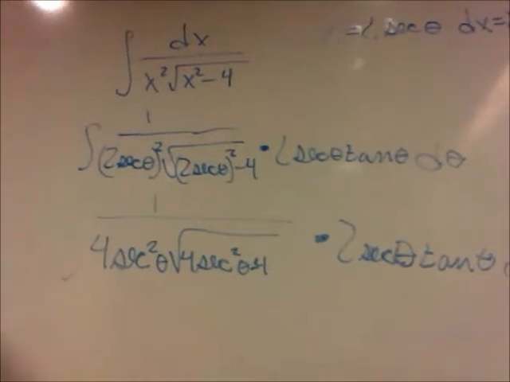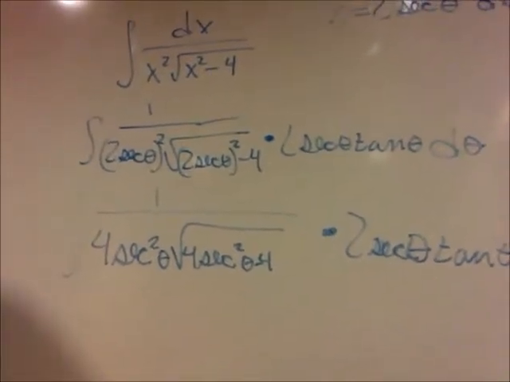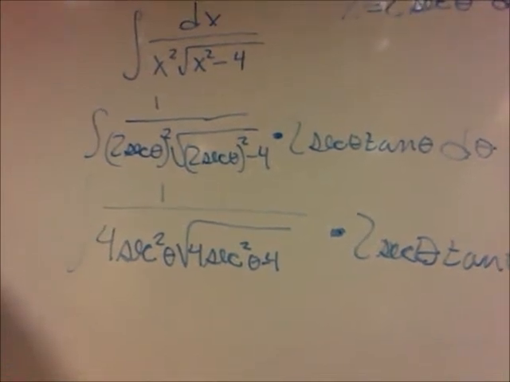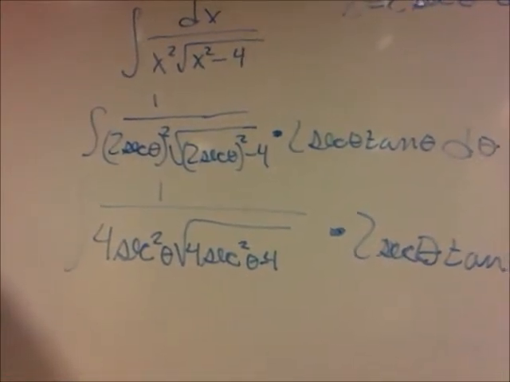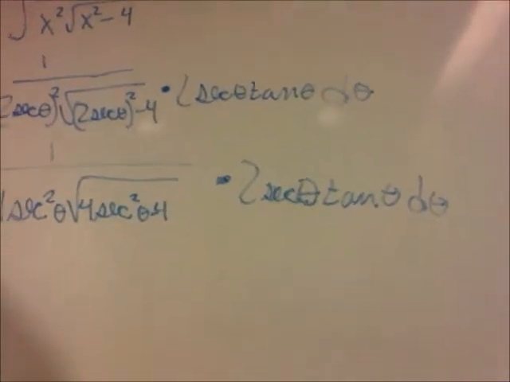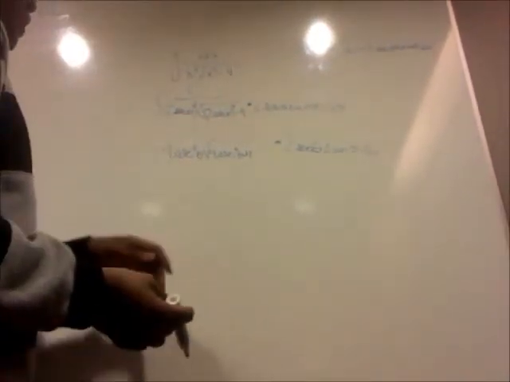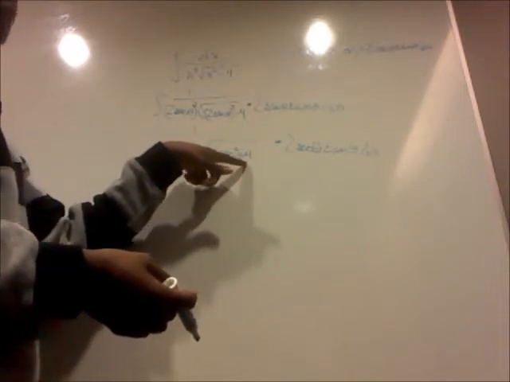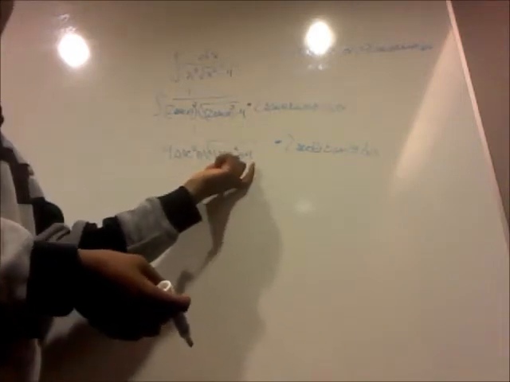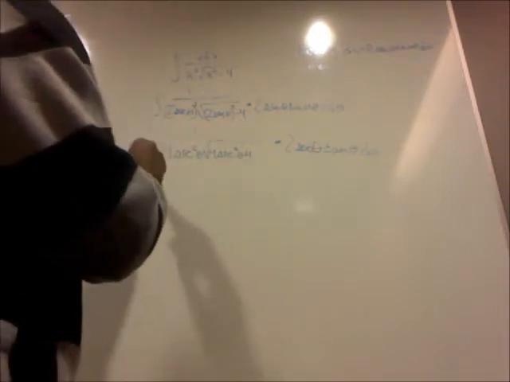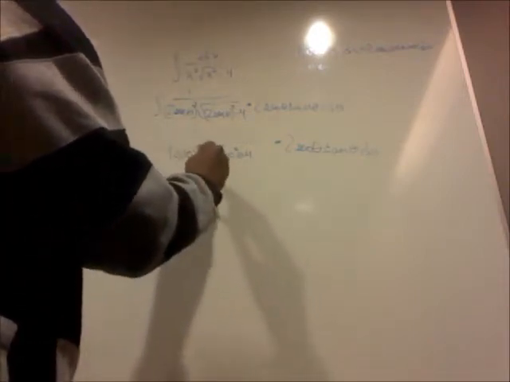We went ahead and squared them out, and now we have the integral of 1 over 4 secant squared of theta times the square root of 4 secant squared of theta minus 4 times the quantity of 2 secant of theta tan of theta d theta. Next, we see that the 4 secant squared of theta minus 4 both have a 4 in common, so we can pull the 4 out, like factor it out.